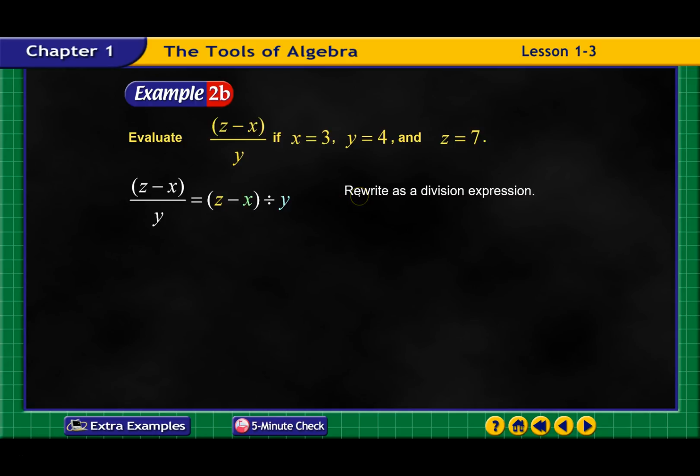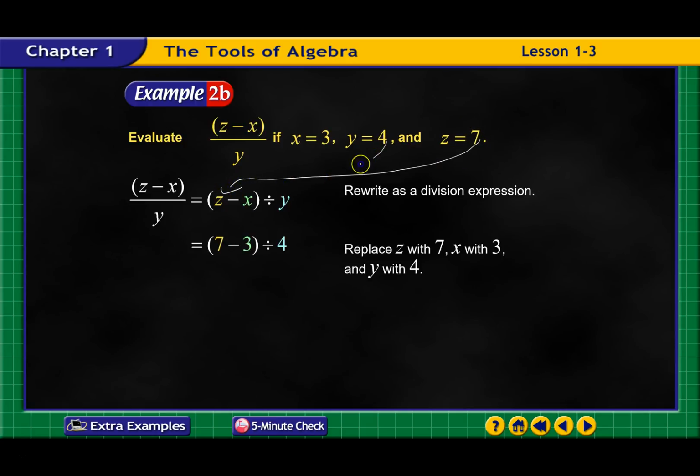So they first want you to rewrite it as a division expression or a calculator expression. Then we're going to substitute in. We take z, put that there, put this in for y, put this in for x. Okay, now I'm going to do, please excuse my dear Aunt Sally, 7 minus 3 is going to go first. Gives me 4 divided by 4, which comes out to 1.